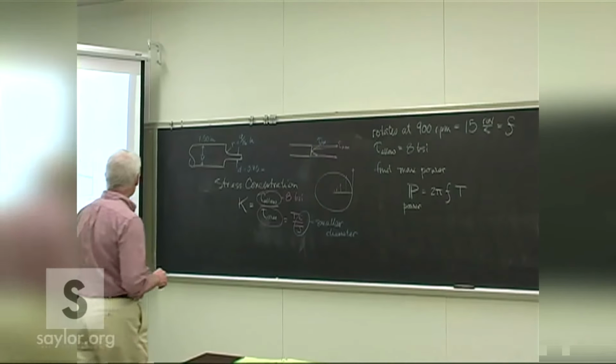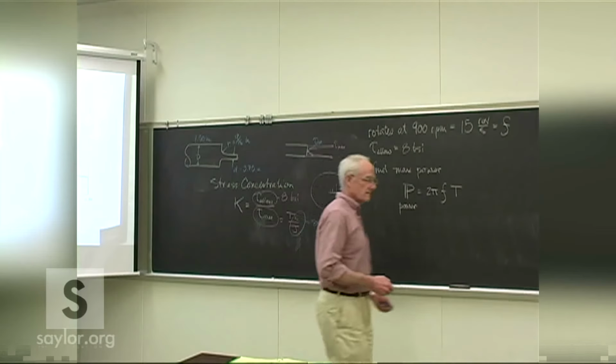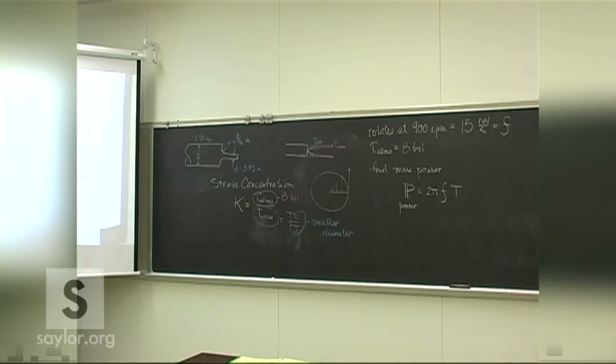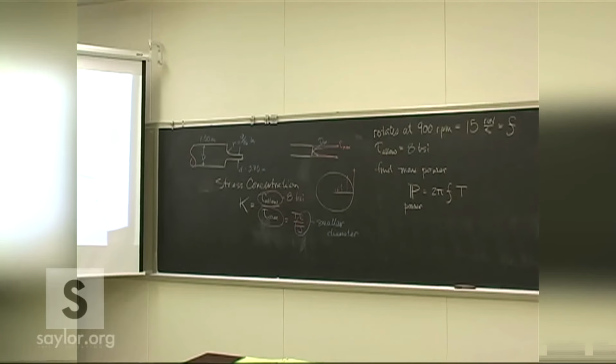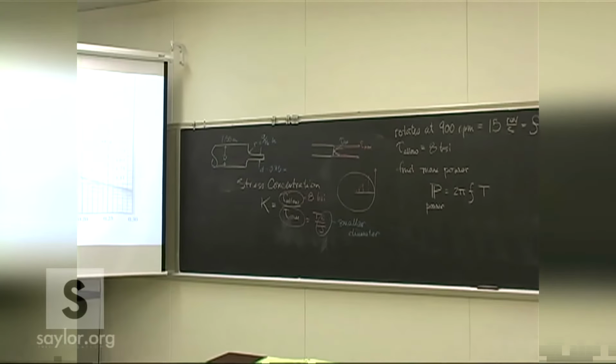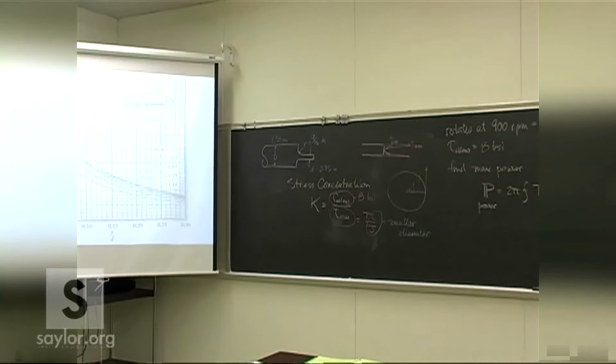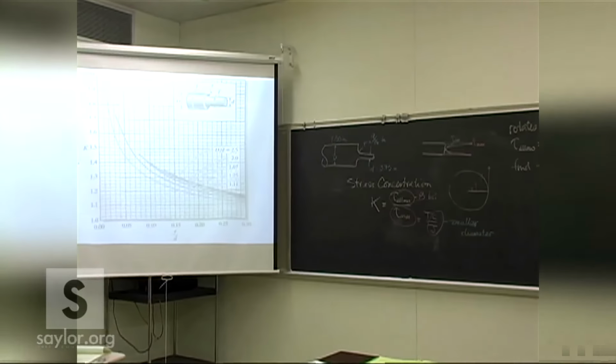And finding K is just like it was before with the other axially loaded members, only these are torsionally loaded. It just comes right off the chart.